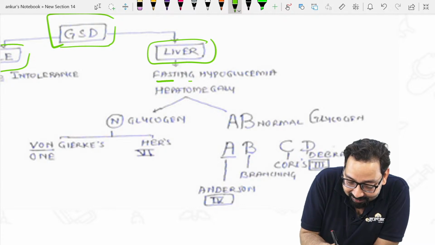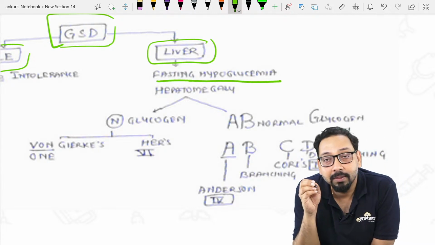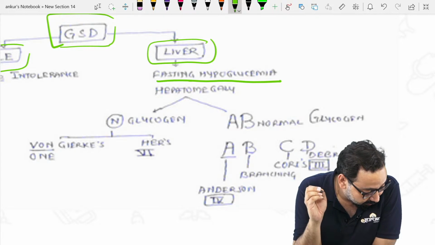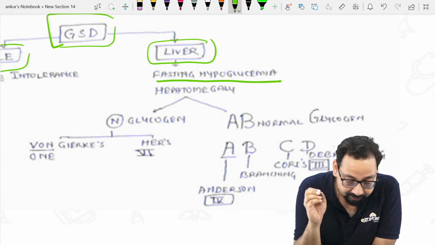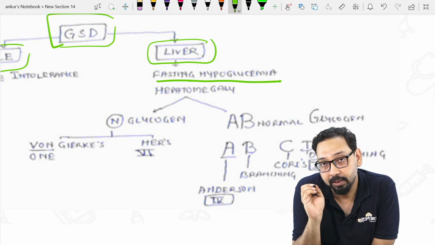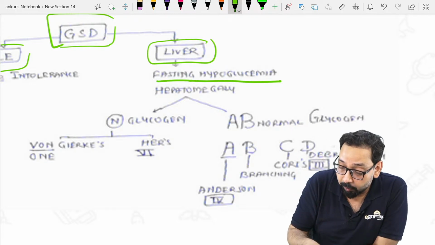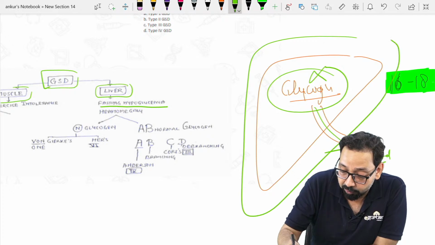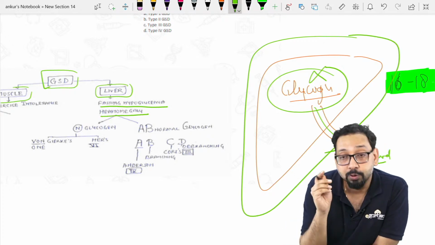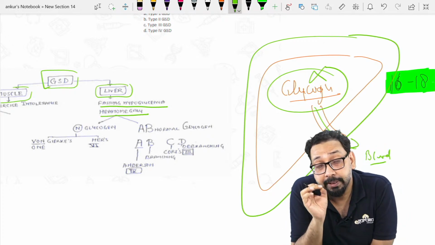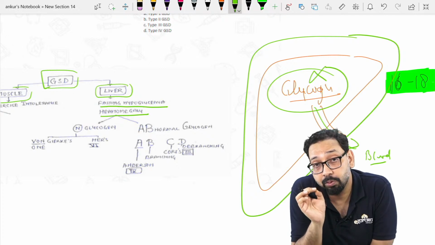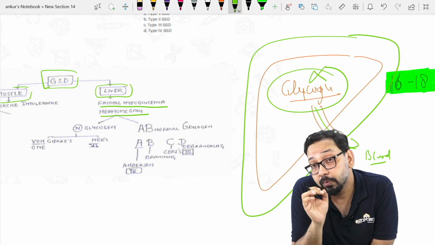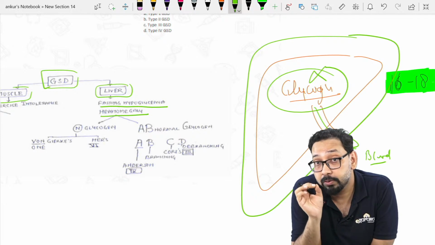When this glycogen is not broken down, it will accumulate in the liver, so there would be hepatomegaly. So wherever you find hepatomegaly and fasting hypoglycemia, you will think of liver glycogen storage disease.